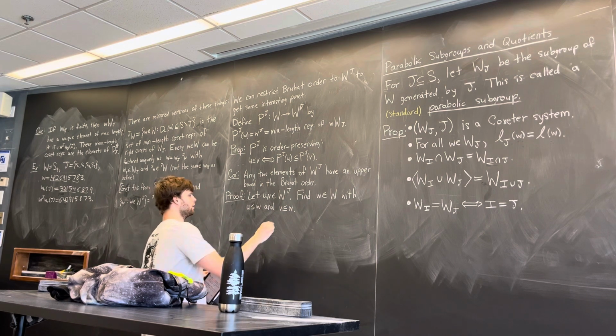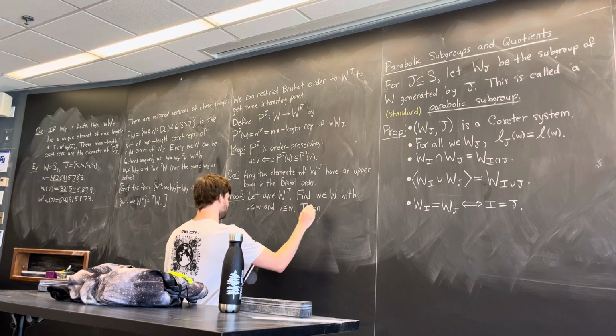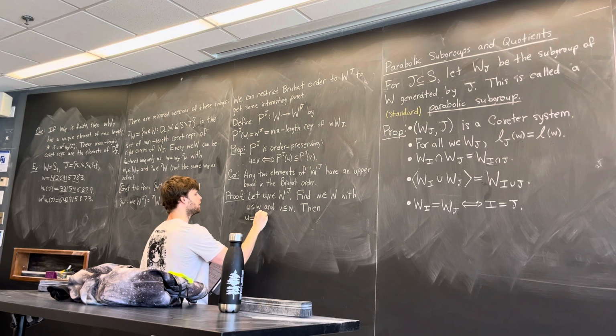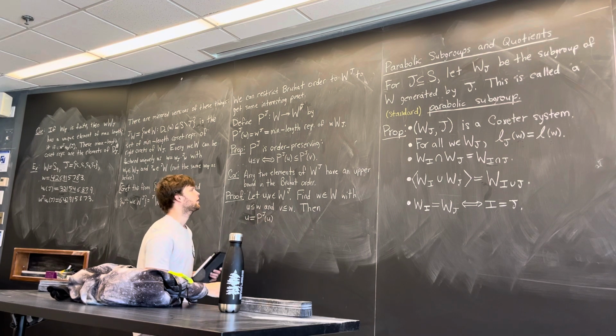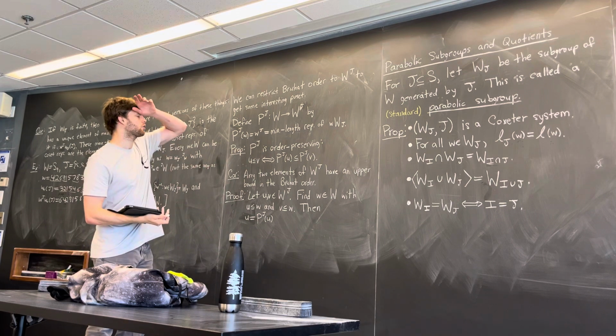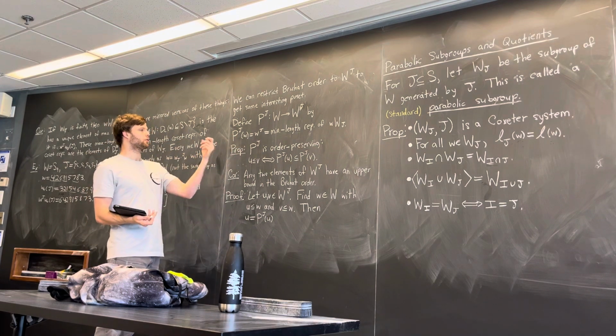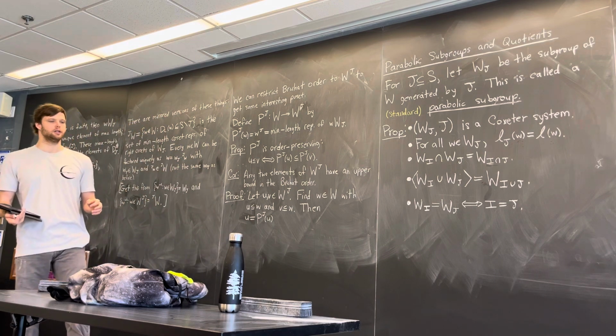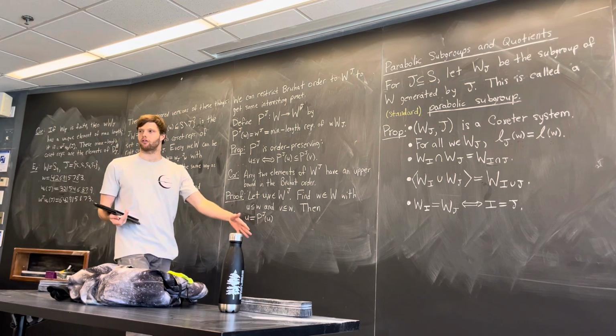But then U is the same as Pj of U, right? Because U is already in this parabolic quotient, so you can think of Pj, the letter P is for projection. You can think of it as like projecting to the parabolic quotient. But if you're already in the parabolic quotient, this just does nothing.